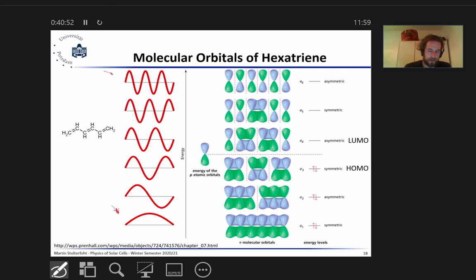So these are like the eigenstates of this molecule, basically. And yeah, this is even more complicated. This is now a hexatriene, so with 6 carbons. And then again, there are symmetric pi orbitals and asymmetric pi orbitals.